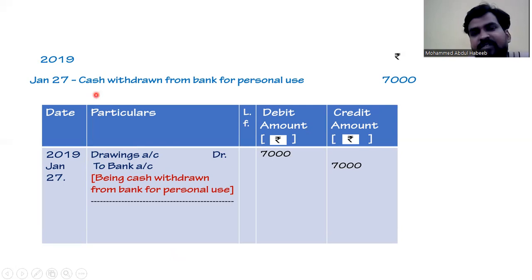When the owner of a business withdraws either cash from his business or goods from his business for personal use, then it will be termed as drawings. So it will be recorded as drawings account debit to bank account. As the owner is withdrawing the cash from bank, so bank is the giver of the amount, so bank will be credited. So the journal entry on 2019 January 27 will be drawings account debit 7,000 to bank account 7,000, and the narration will be being cash withdrawn from bank for personal use.